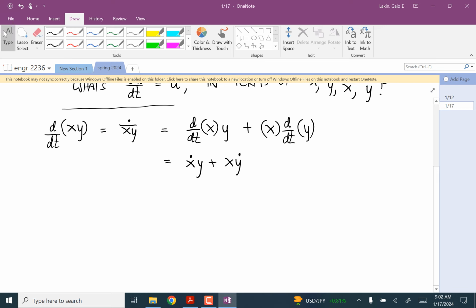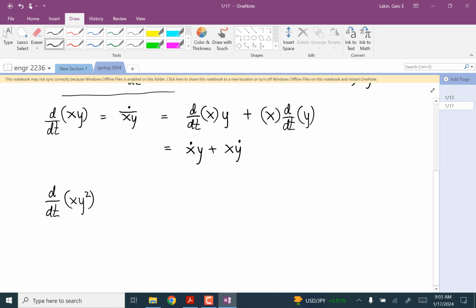And then for the second component, we want d dt of xy squared. So that y squared is going to mean we're going to have to use a chain rule. So first I'm going to use the product rule.